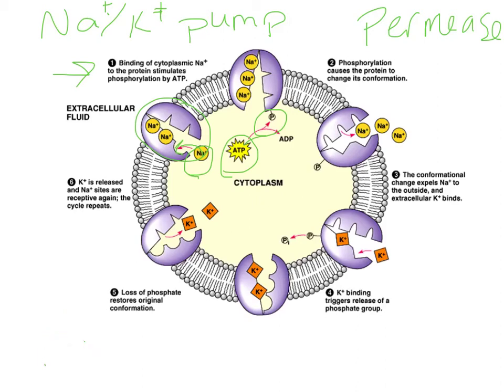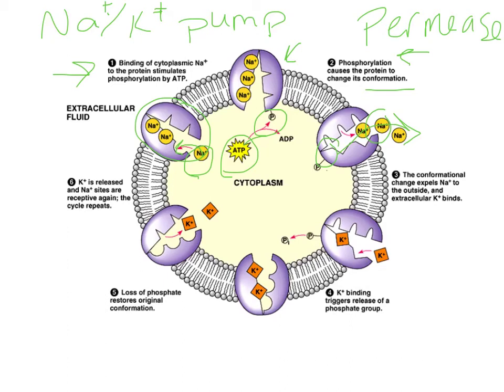Yay. So when we phosphorylate something, we just add a phosphate to it. And so when this protein here gets phosphorylated, it changes its conformation or its shape. And the change in the conformation essentially closes off this end and opens up the end on the extracellular side. So now that sodium gets spit out of the cell membrane.